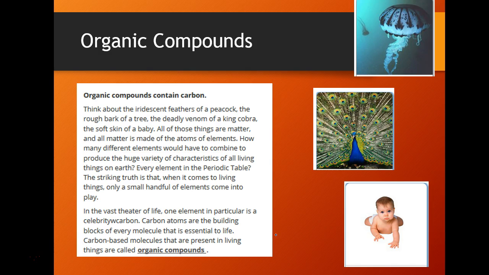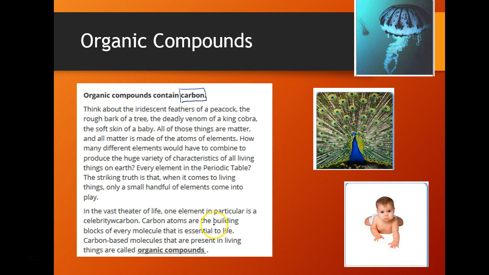So let's first talk about organic compounds in general. Organic compounds, very simply, are compounds that contain carbon and are essential for life. Whether you're looking at any of these different animals or even a baby, all of these organisms contain carbon.